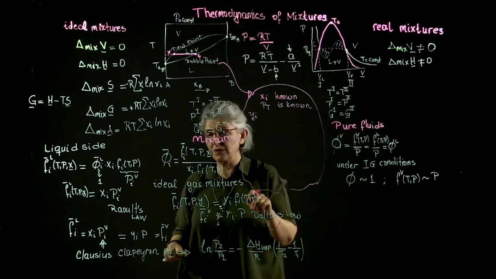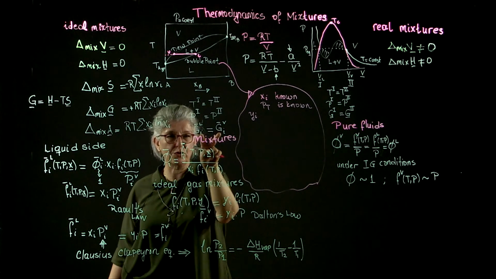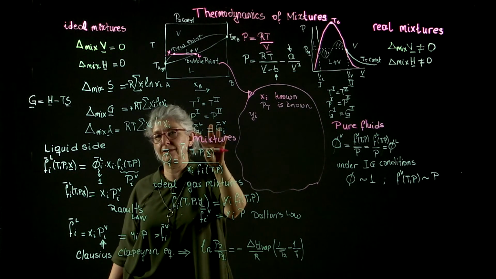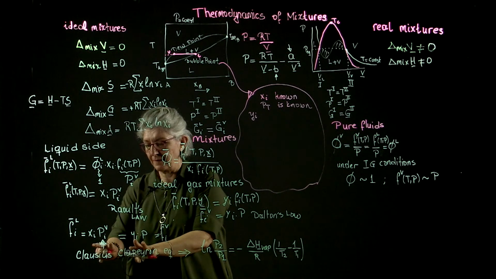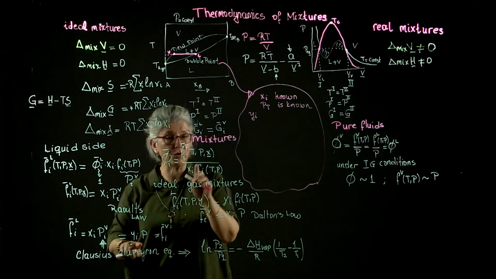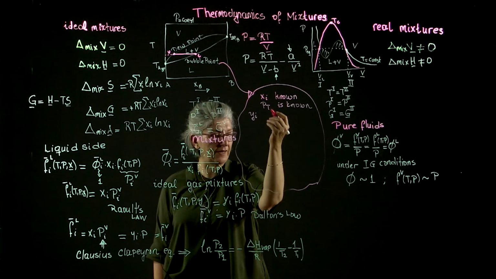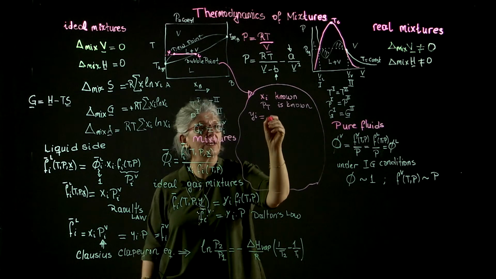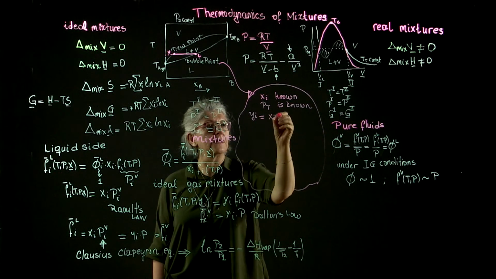My equilibrium conditions dictate that each of those components should have identical fugacities. But I don't know this, so I'm going to start a trial and error procedure. First, I'm going to estimate Yi for each of those components. I know the mole fractions.